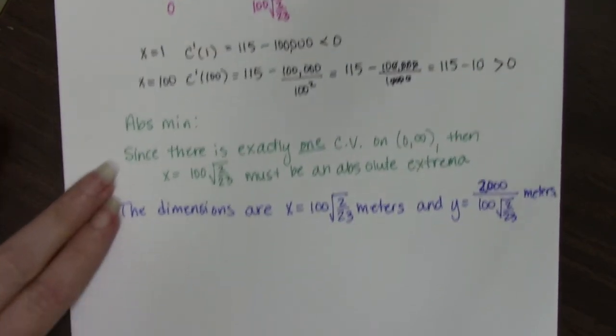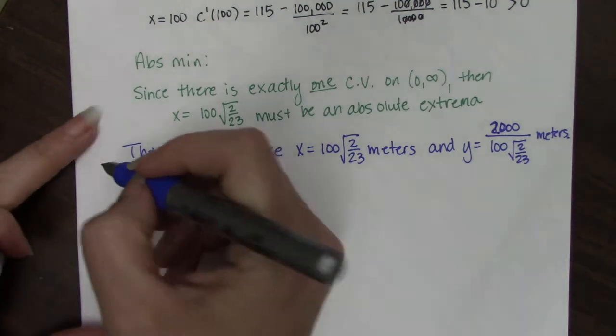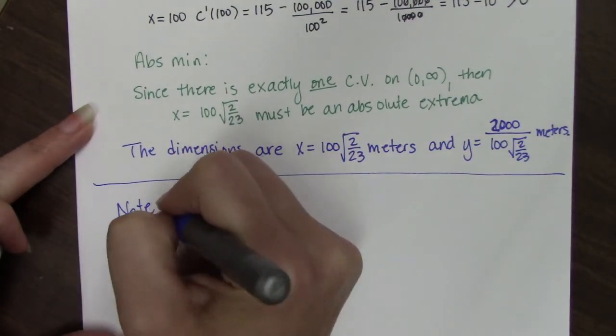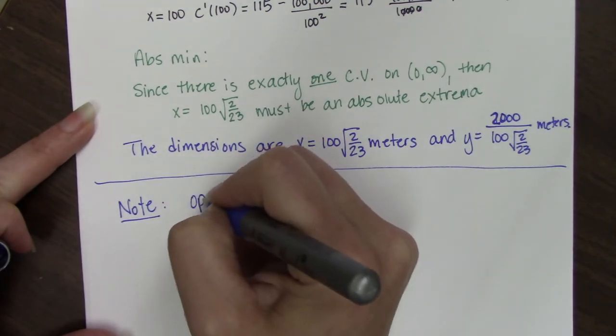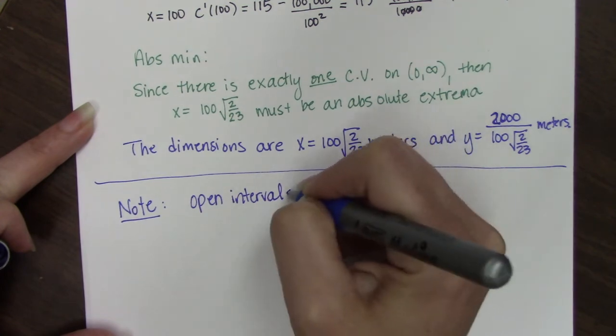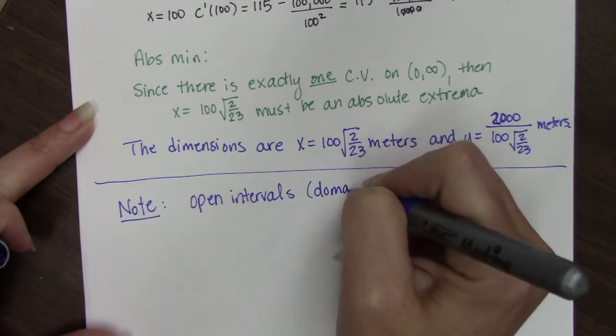So I'm going to add here at the bottom: for open intervals, right? And these are our domains.